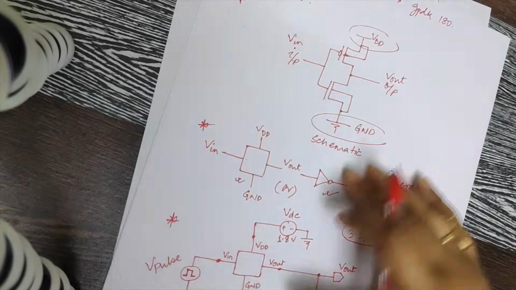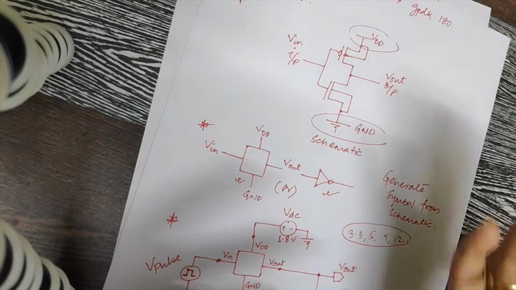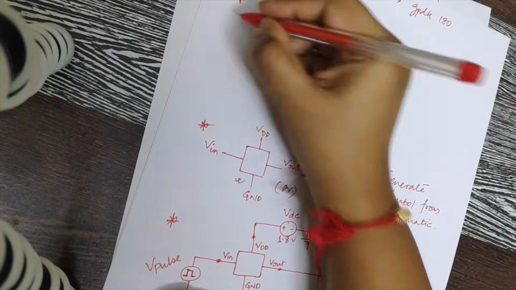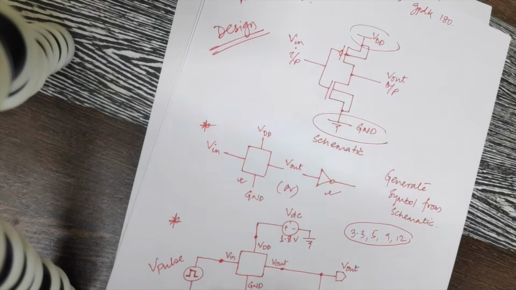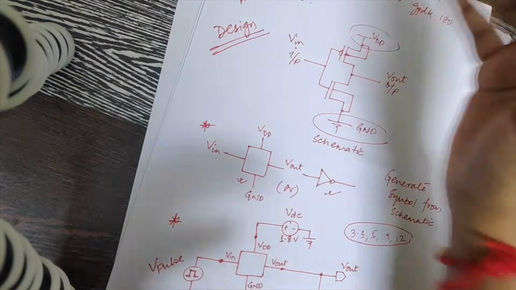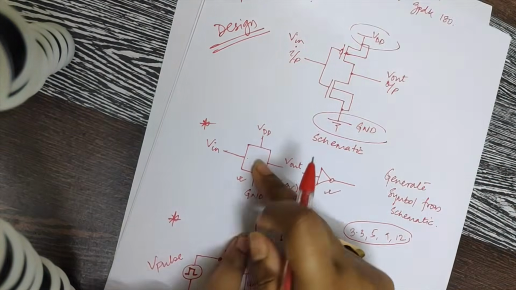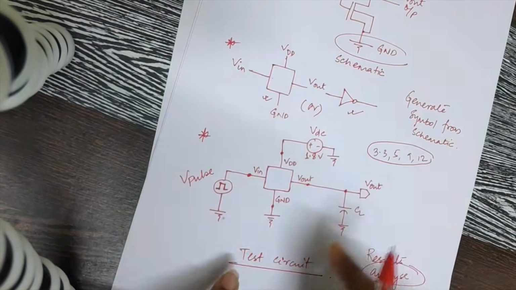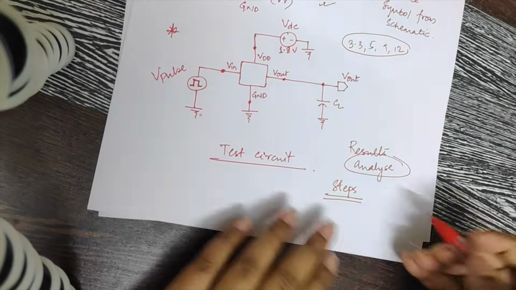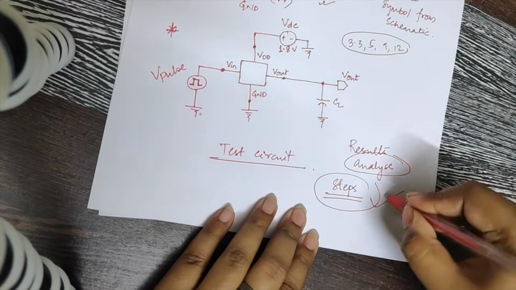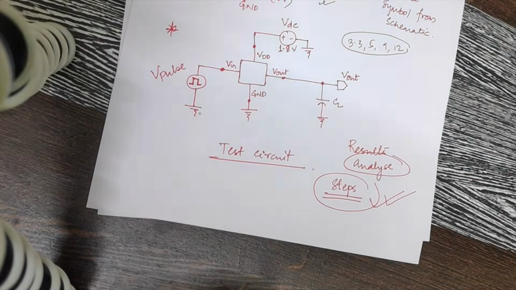I have just given the flow of the experiment. I didn't say how to design. There has to be the designing part as well. So we will design this inverter, generate the symbol from the schematic, get the test circuit, test it, get the results, analyze it, and via doing so we will get to know the steps involved as well.